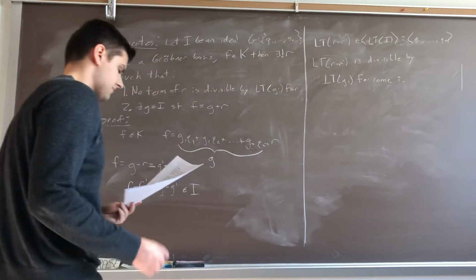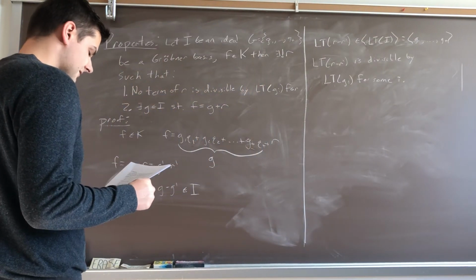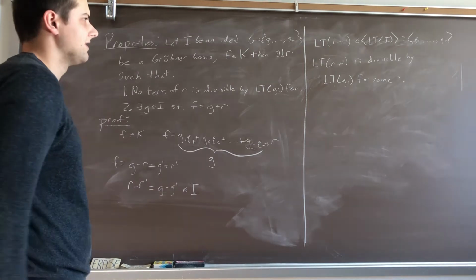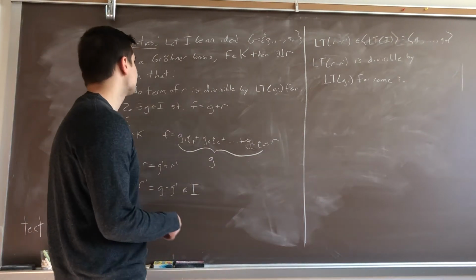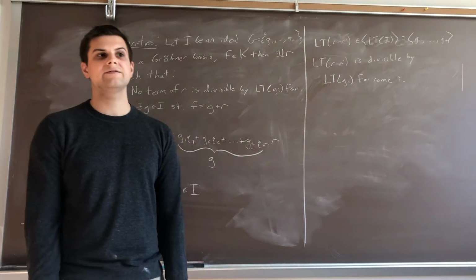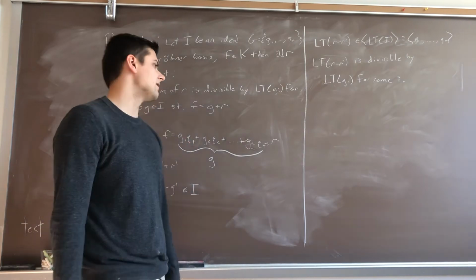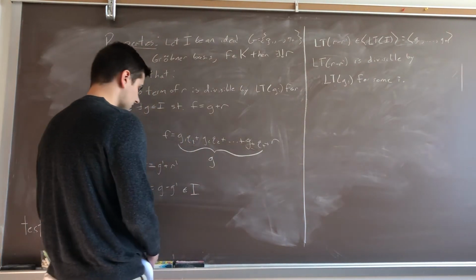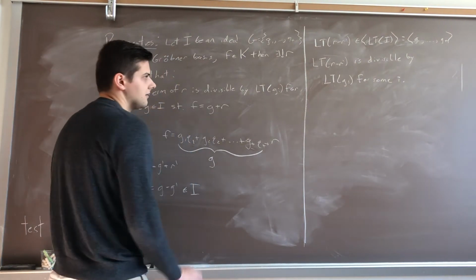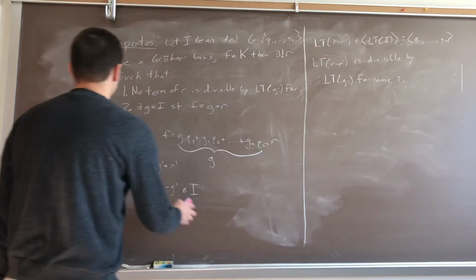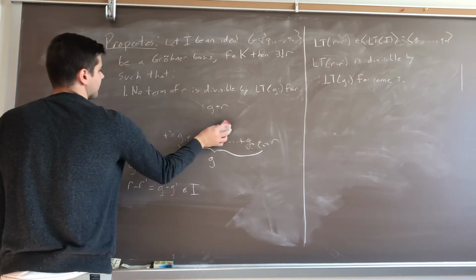Okay. So that gives us our nice property about Gröbner bases. A lot of the time this is actually used as the definition of a Gröbner basis, but the text I was using decided to do it the other way, and I think it's because you build a lot of intuition thinking about it this way.